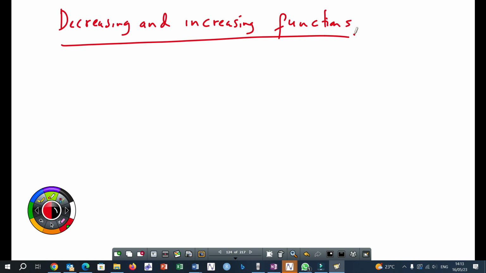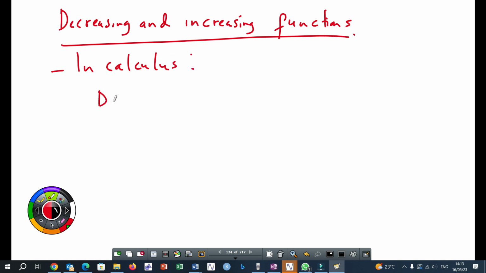Because x is always increasing. X doesn't decrease. X has to increase all the time. It's y which decreases. So if y decreases, then the function is decreasing. If y increases, then the function is increasing.